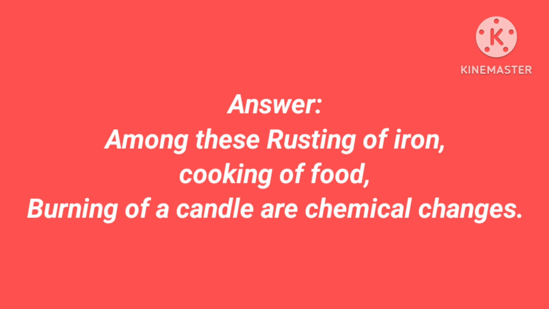When it is burned, it cannot be regained. It will burn and waste its kind. Cooking of food, you put all the vegetables, you put the chili powder, etc., and you heat it. At the end, you prepare very delicious food. After that, it cannot be regained as the same vegetable. Why? Because a new substance has occurred.